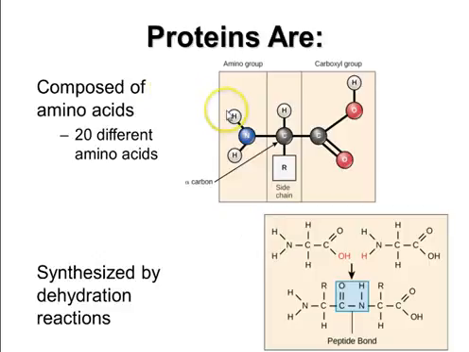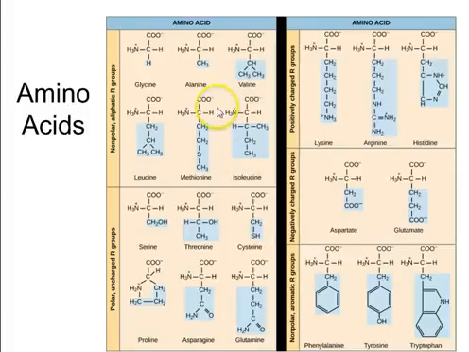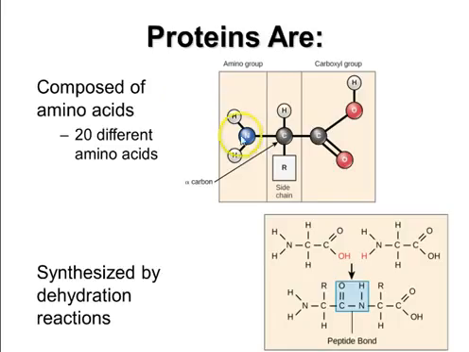Now, proteins are made up of monomers of amino acids. And amino acids, remember what this group is right here? That's the amino group. Oh, sorry. This is the amino group. And then you have a carbon, alpha carbon in the middle. And then you have another carbon that has a carboxyl group on it.